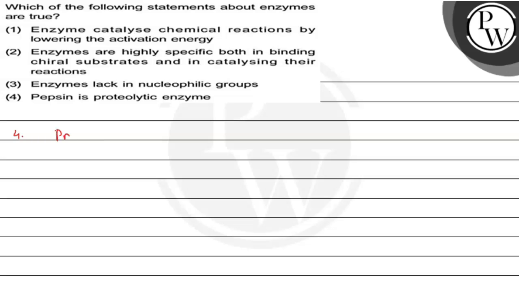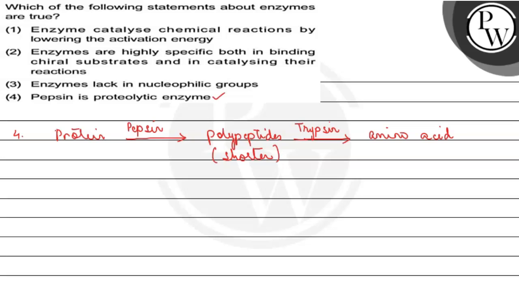Proteolytic enzymes are the enzymes which carry out the hydrolysis of peptide bond in proteins and convert it into polypeptides shorter than proteins, and these shorter peptides are again acted upon by another proteolytic enzyme, which is trypsin, and converts it into amino acids. So this statement is also correct.